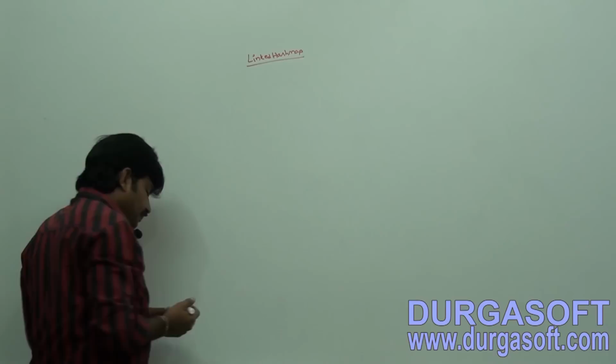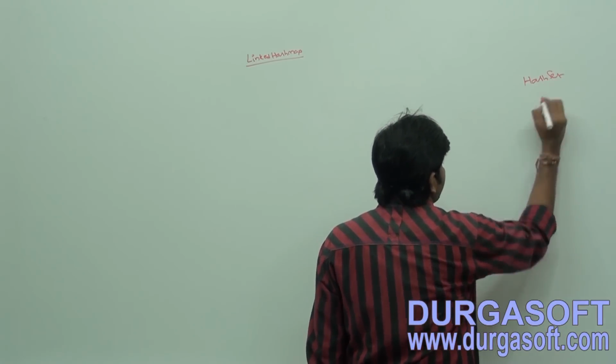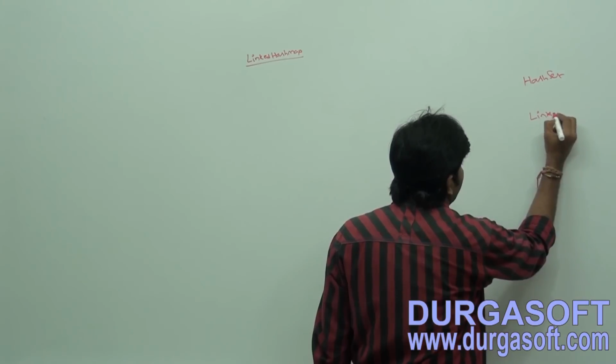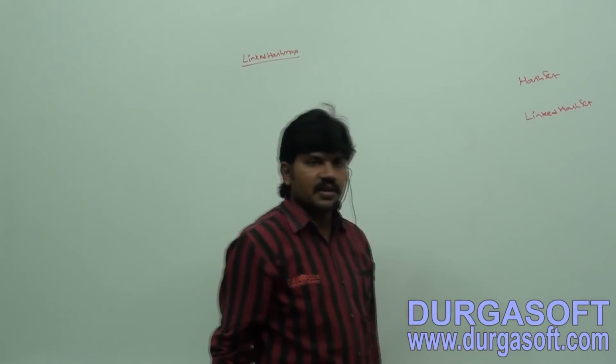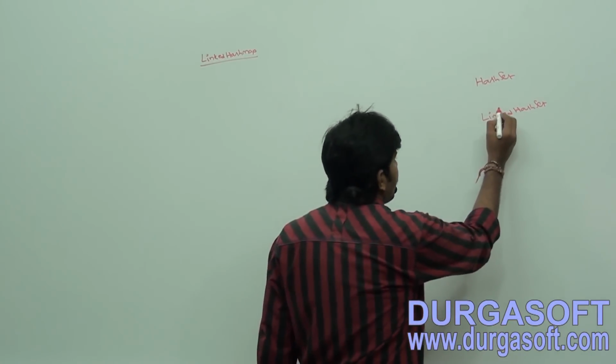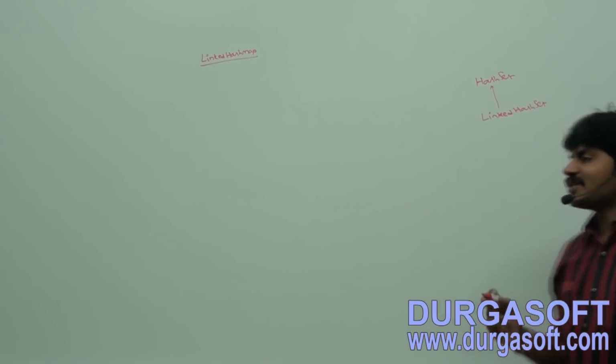Do you know, in the last session somewhere we covered the hash set concept? Have you remembered hash set? And even linked hash set we covered. I hope you are aware of hash set and linked hash set. Linked hash set is the child class of hash set. What is the difference between hash set and linked hash set?